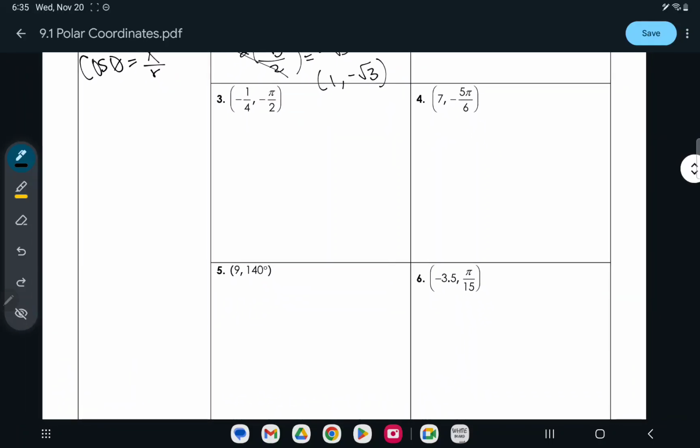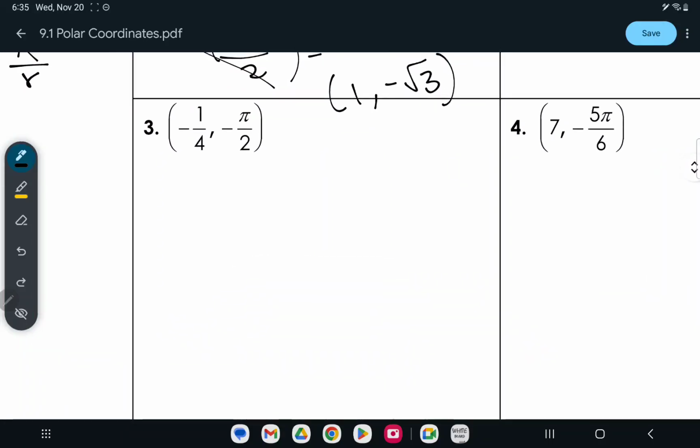Right. Let's just do the left side. So r and theta. So x is r cosine theta. So negative 1/4 cosine of negative pi over 2 is 0.